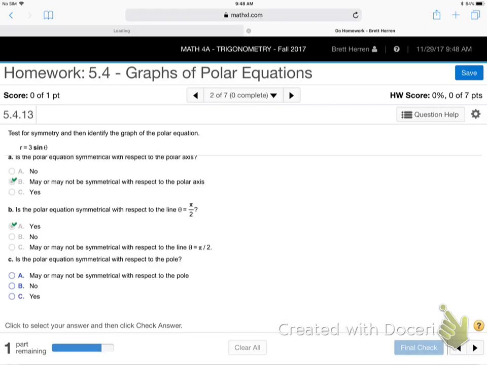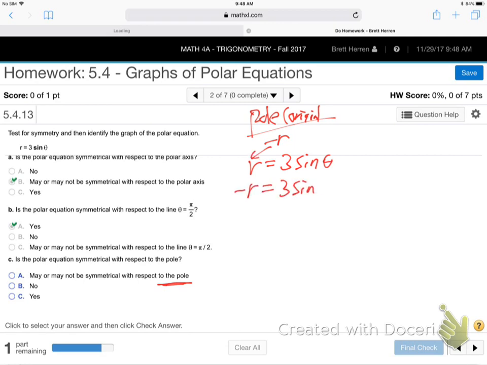Okay, so how about with respect to the pole? Pole's the origin. And for that one, we do negative r, just negative r. So take the original equation, r equals 3 sine theta, and pop in negative r. Then try to simplify.